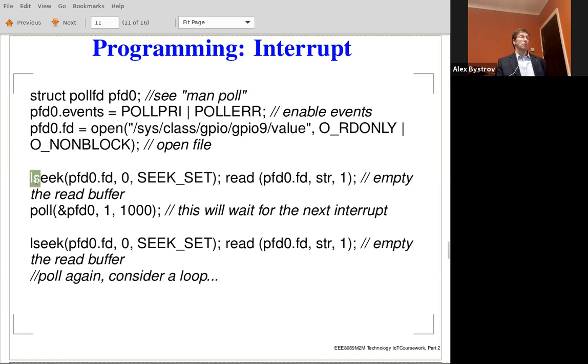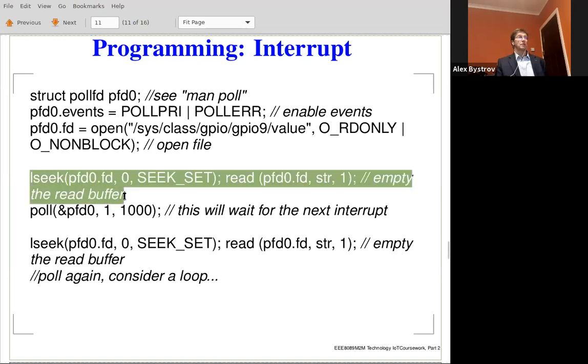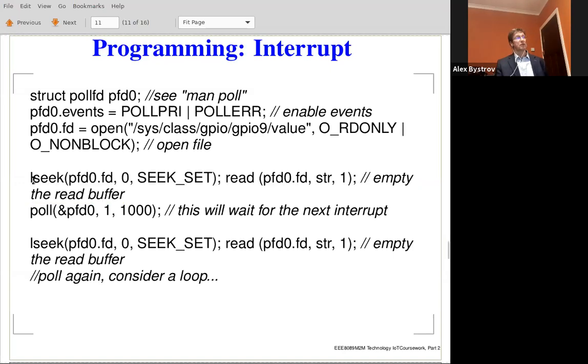We need to first make sure that the buffer is empty, right? How to make sure it's empty? You just rewind the reading position to the beginning of the file. It's lseek, right? In this file with the file descriptor, we move the reading position to position 0. From now on, it's changed.